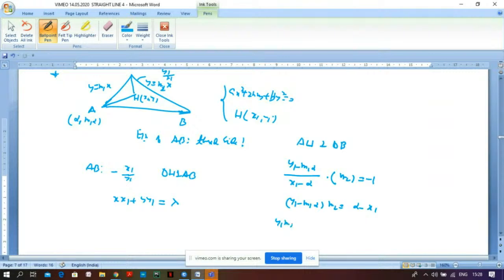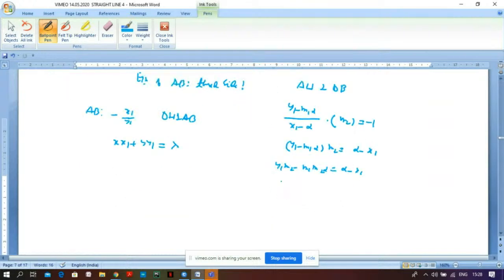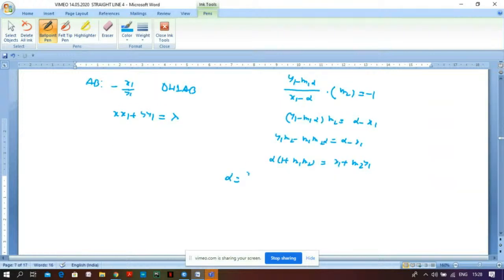So y1 m2 minus m1 m2 alpha is alpha minus x1. So I can solve for alpha: alpha times (1 plus m1 m2) equals x1 plus m2 y1. So alpha equals (x1 plus m2 y1) upon (1 plus m1 m2).